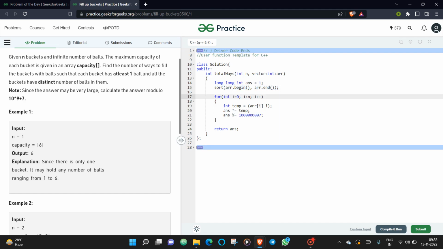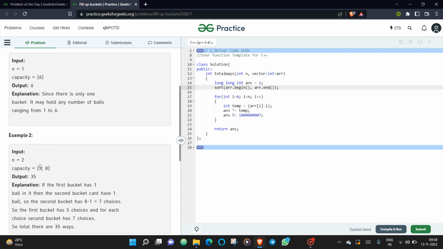So I was sorting this array, and I'm decrementing the value present in the capacity array. That is, my capacity is initially 5, and if you go for 8, it will be decremented by i, because that many previous buckets are there. You need to decrement that many number of choices, and I was multiplying that factor into my answer, and I was just returning the answer.